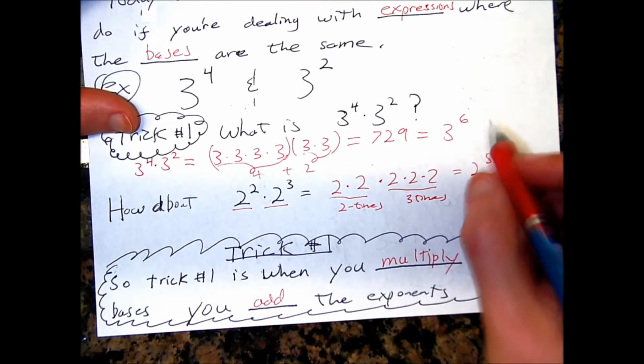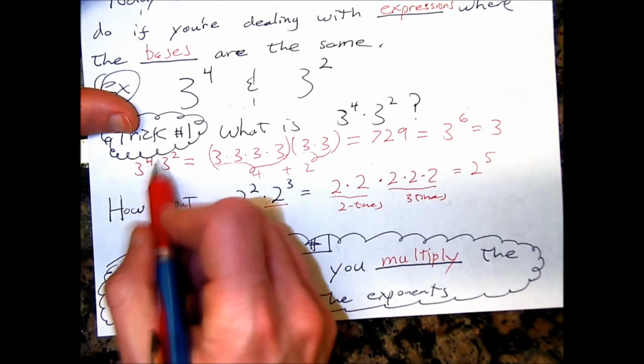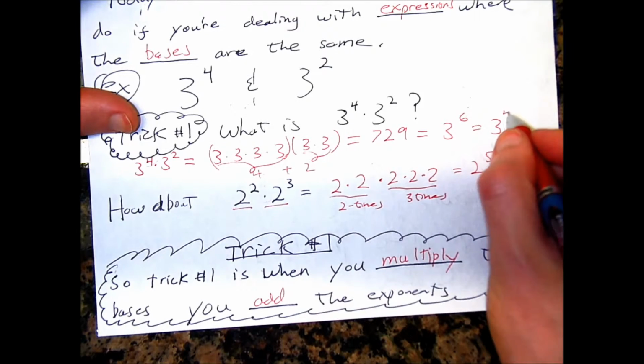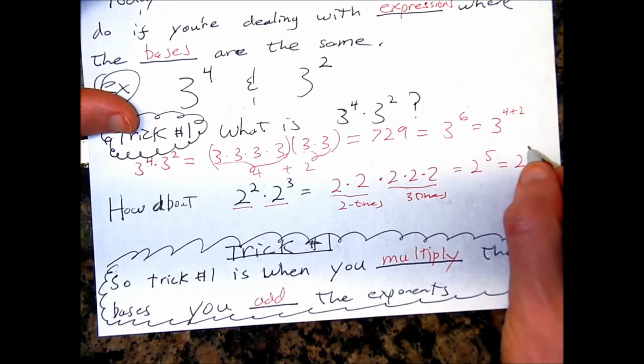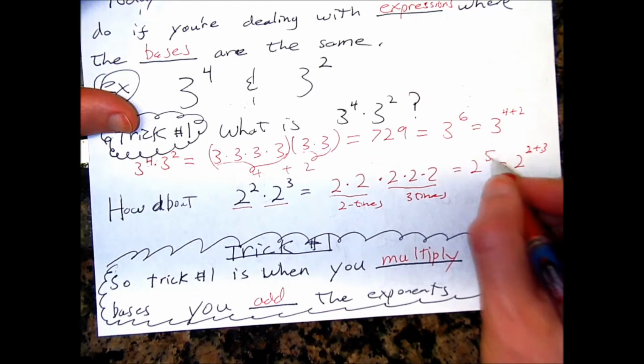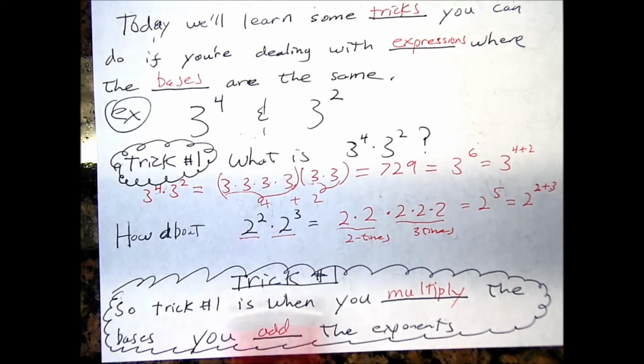So I can look at this and say, well, this is 3 to the 4 plus 2, and this is 2 to the 2 plus 3, because 2 plus 3 is 5. 4 plus 2 is 6. That's the idea. So that's trick number 1. When you multiply the bases, you add the exponents, okay?